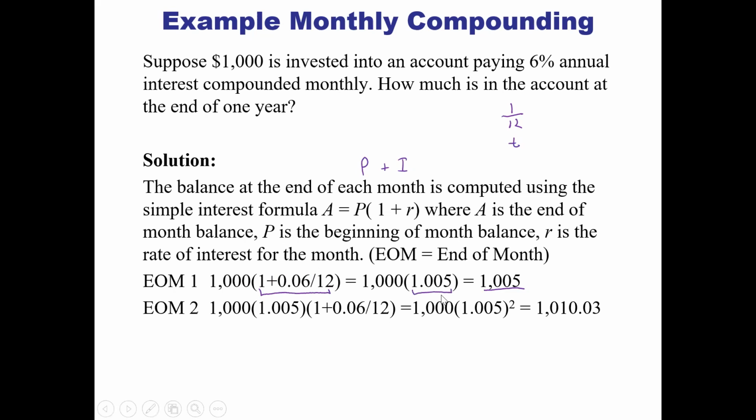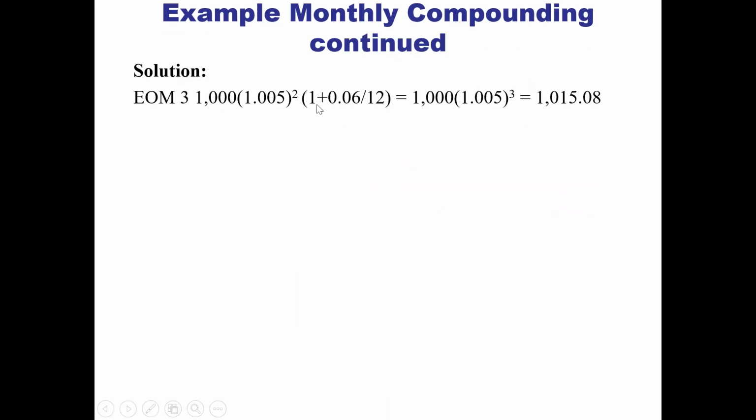Now, what if we do it for the second month? We're going to do the same thing. We have our 1,000 times 1.005 times 1.005, which is really 1,000 times 1.005 squared. And we're just going to keep doing this.